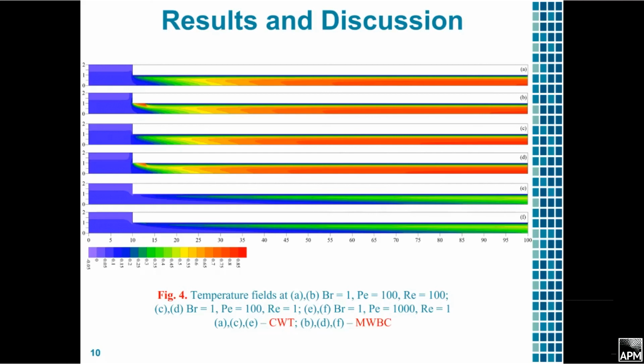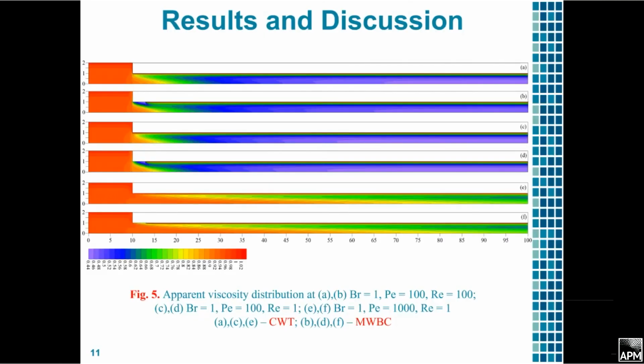As you can notice, the region with higher temperature is shifted towards the outlet section. In this case, when you make a numerical simulation, you should keep in mind that the downstream pipe, I mean the narrow part of the pipe, should be long enough to provide hydrodynamic and thermal stabilization. And here are the corresponding distributions of the apparent viscosity.